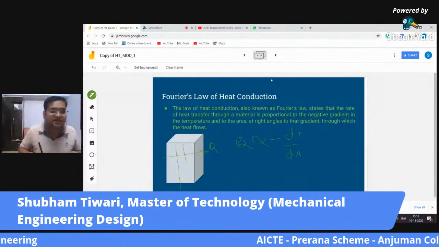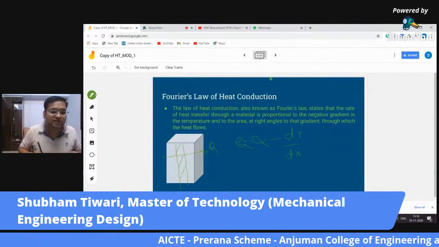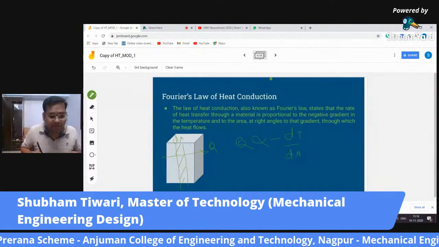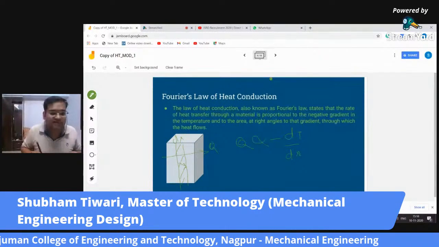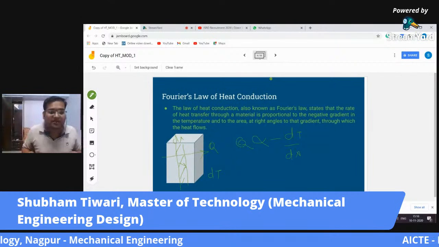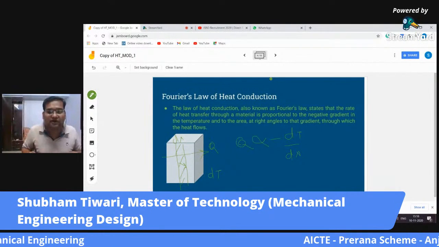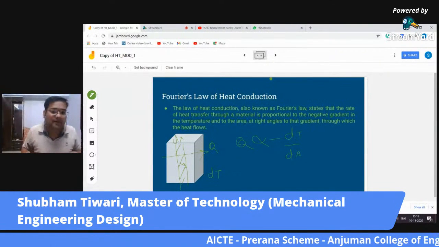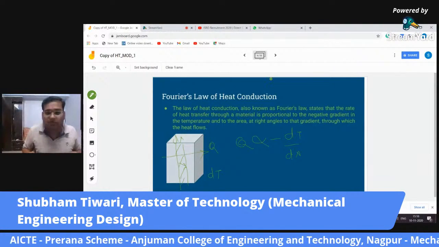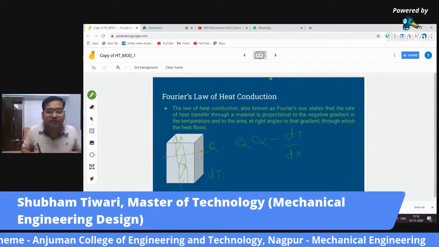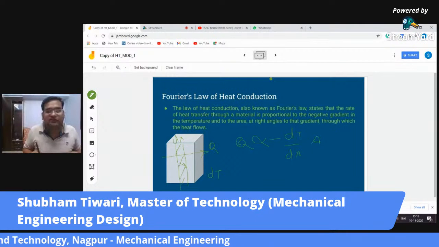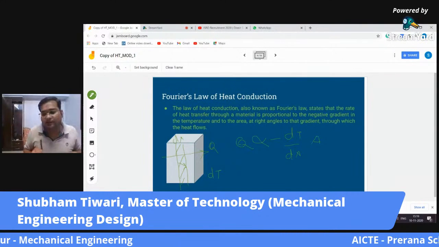Let me assume that this is a small section through which I have to analyze the heat transfer, whose thickness is dx, and the temperature drop across this section is dT. So the temperature gradient will be dT by dx, and as per the law we have to take the negative gradient. Along with that, it is also proportional to the area. So this is what Fourier's law of heat conduction says.